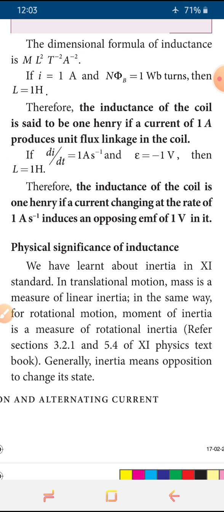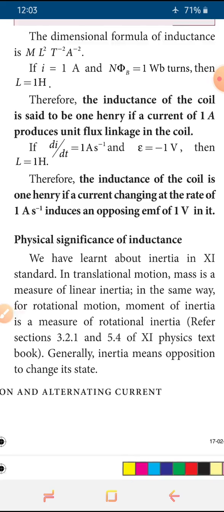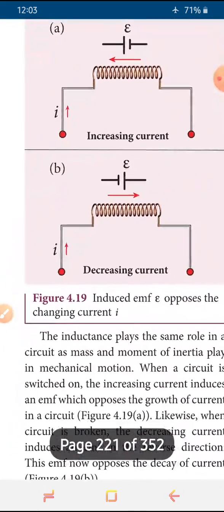In the same way, rotational motion is discussed with moment of inertia, which is called rotational inertia. This inertia is nothing but opposition to change of state. We discussed this in 11th itself. Based on that, we are going to explain how the induced EMF opposes the source which is producing it. That only we are going to discuss in this.